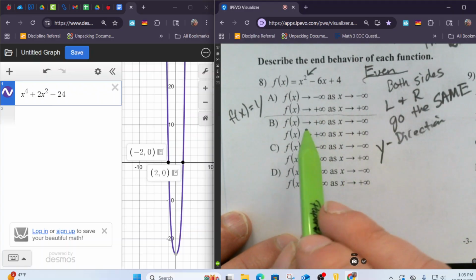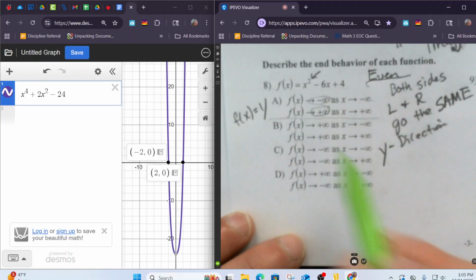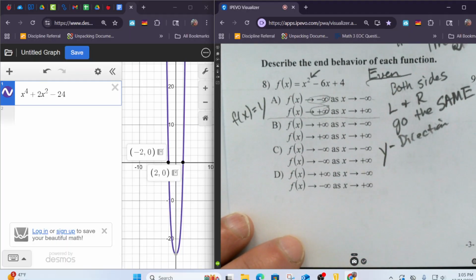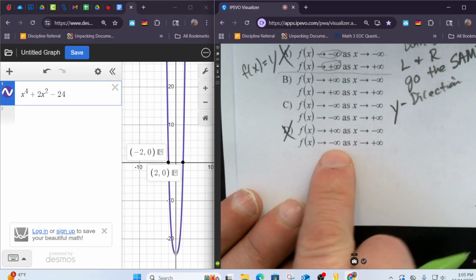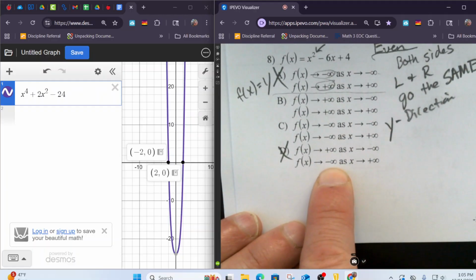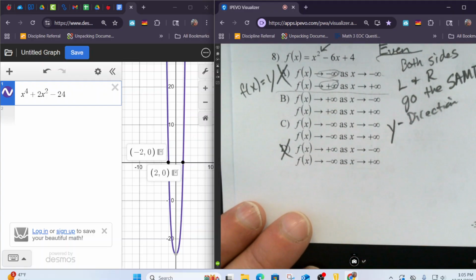A can be eliminated because the left side goes to negative infinity and the right side goes to positive. Can it go in opposite directions? No, it can't. So A is gone, D is gone, because they're going in opposite directions. You could put it in the calculator too. Honestly, it doesn't matter about the rest of the function. You could type the whole thing in, but it doesn't matter. It's all about the leading term.